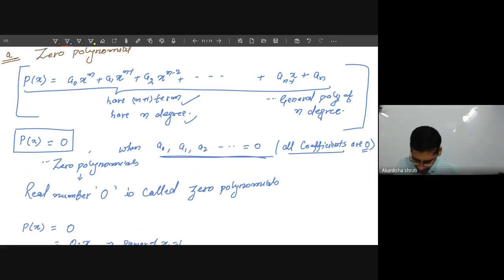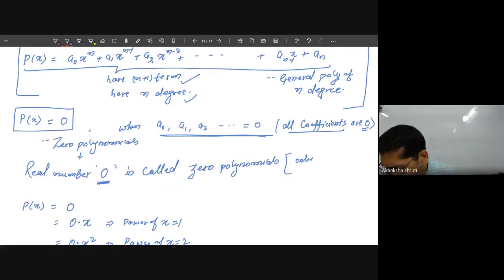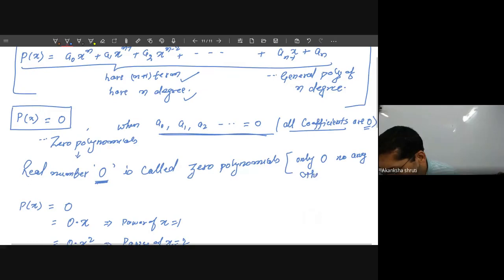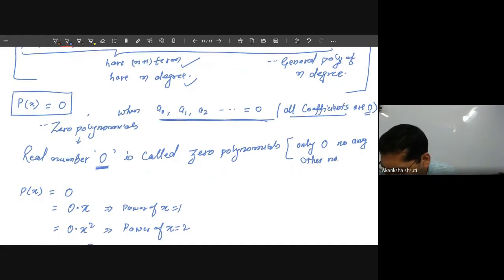So if the number zero is taken, you have to keep in mind it is only and only zero, not any other number. There should not be any other number or other term.